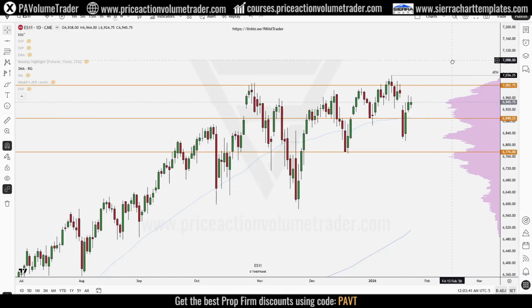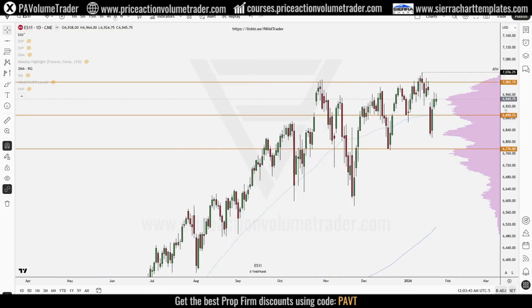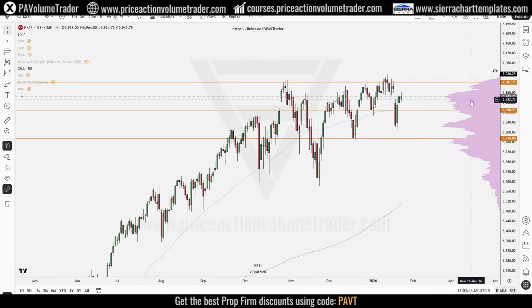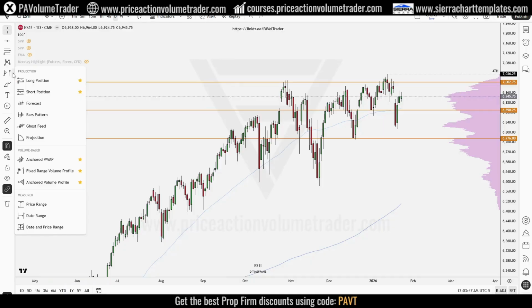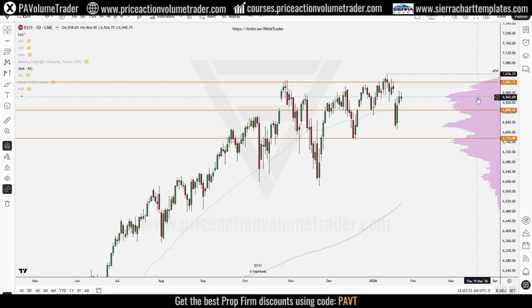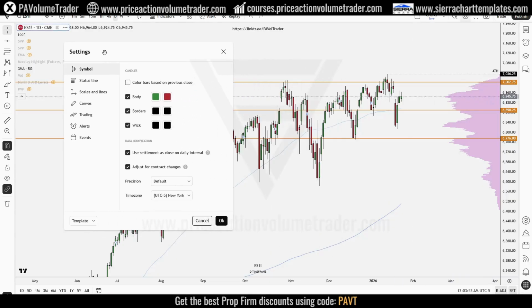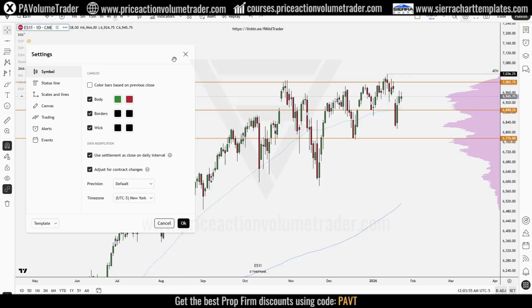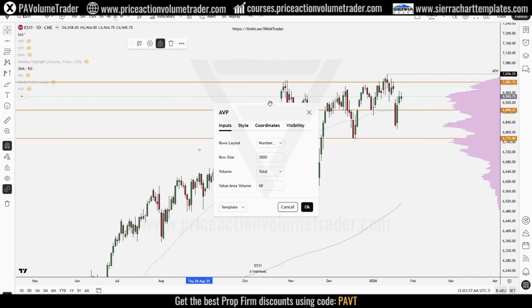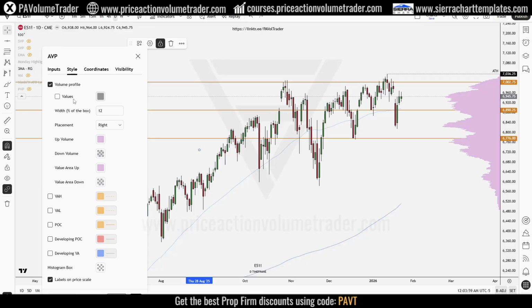But this indicator, why I like this indicator the most, it is very similar to the fixed range, but this anchored profile is the only one that I can put on the far right side of the chart.